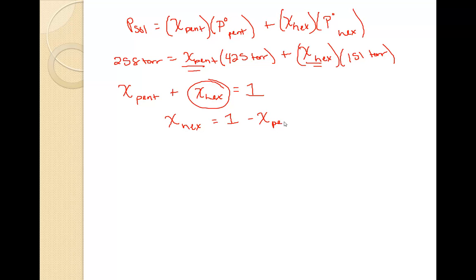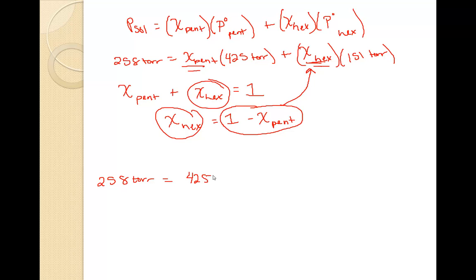Now we can show that chi of hexane is here, which means since that is equal to 1 minus pentane, I'm going to put it into that equation. 425 torr times chi of pentane plus 151 torr, and I'm going to throw in 1 minus chi of pentane here instead of hexane.